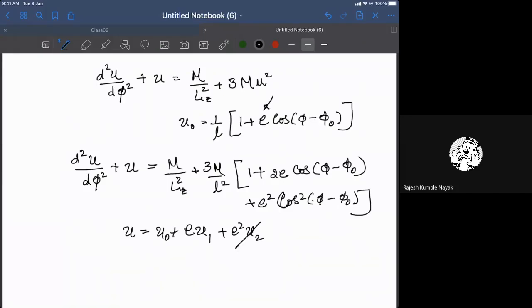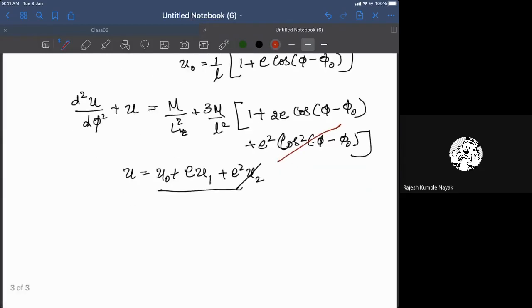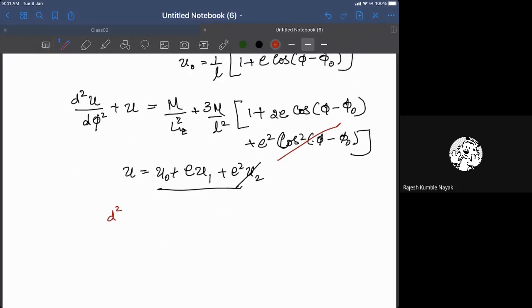You take the first order in e, and then this term also will go. So you simply get an equation, d square u1 by d phi square plus u1 is equal to, this term goes away, so you have 6m by L square into cos of phi minus phi naught.